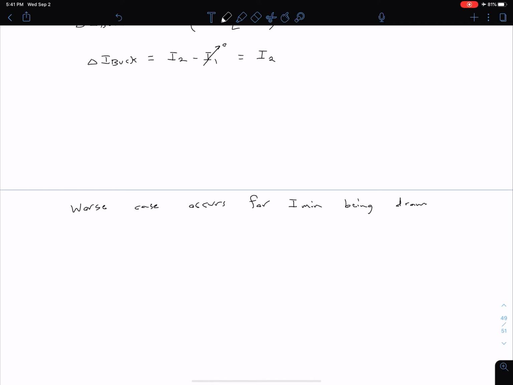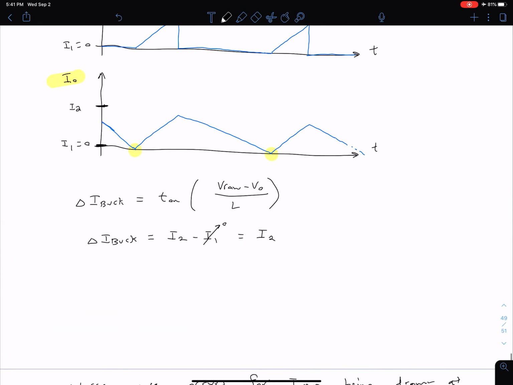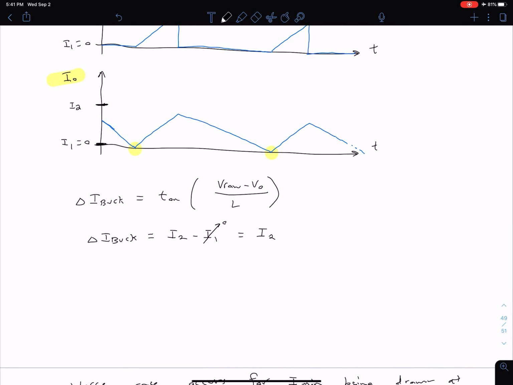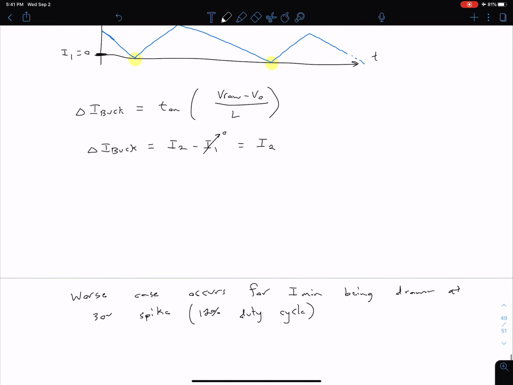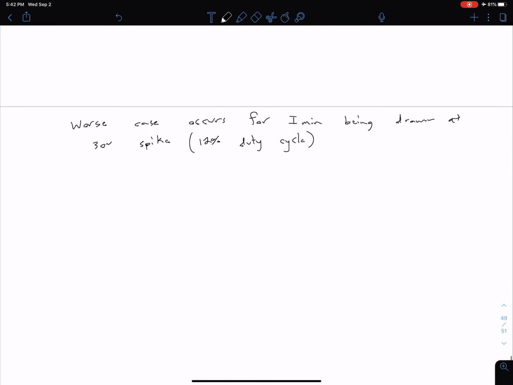For I min being drawn, that occurs for our 30 volt spike, which is the 12% duty cycle. Let me write that out explicitly. The basic idea, again, is if this current level I2 is closer to 0, it's taking less time to get to 0 as it's decaying. So this is why we're considering this as our worst case.